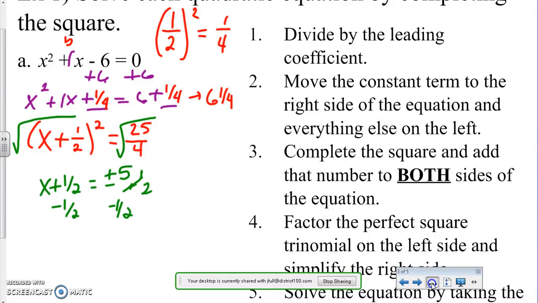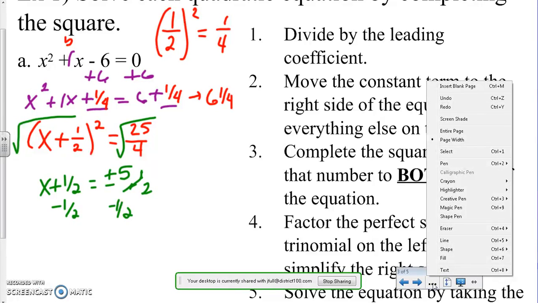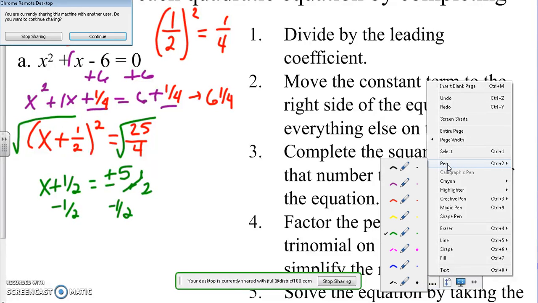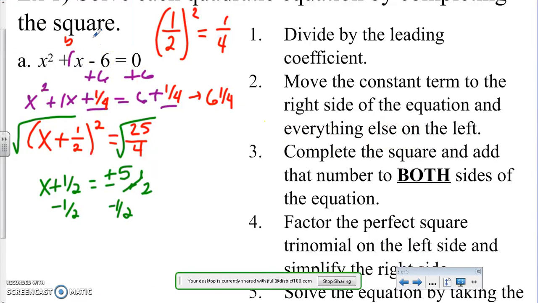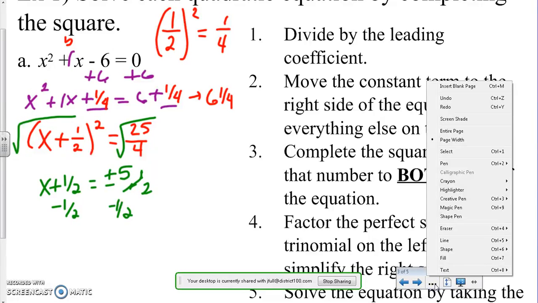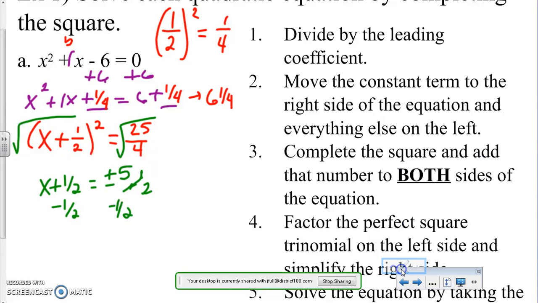So don't forget here that when we do this, we have two answers. We are going to do 5/2 minus 1/2, and then negative 5/2 minus 1/2, which gives us 4/2 and negative 6/2.